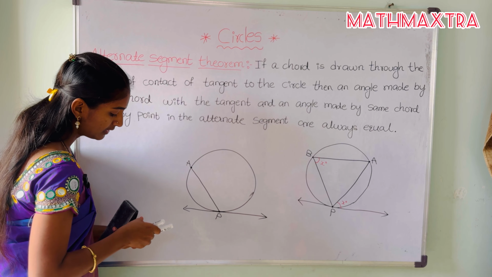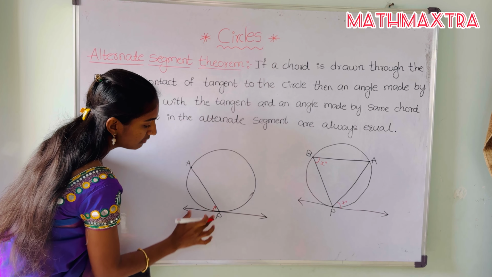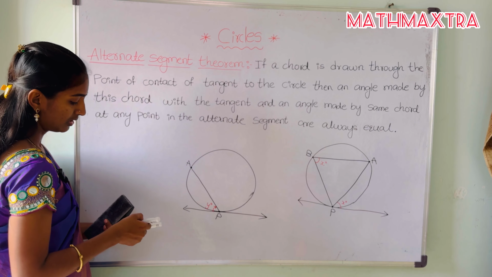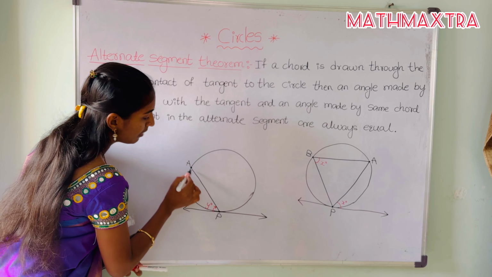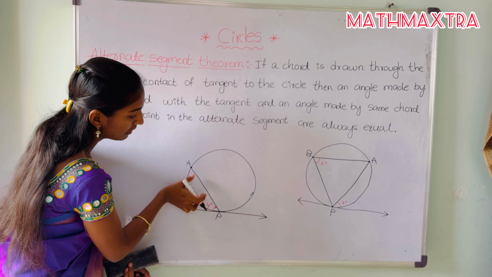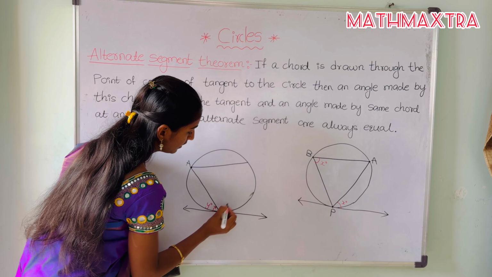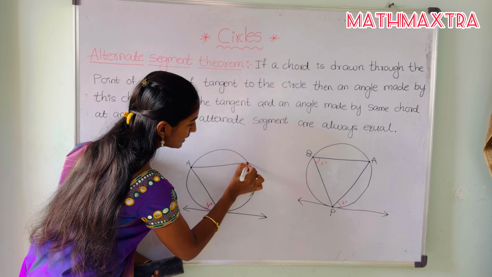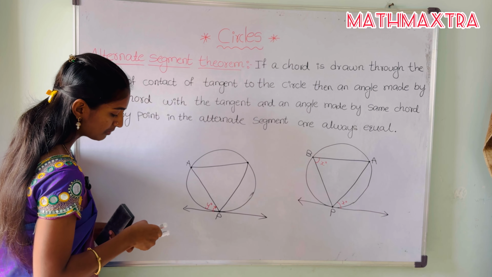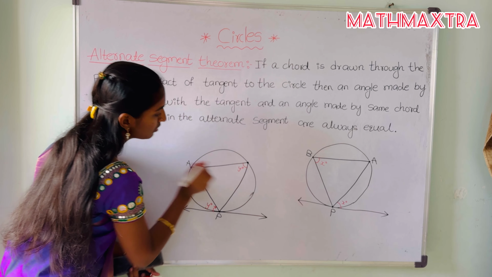This is the angle made by this chord with this tangent, suppose this angle is y degrees. This is one segment, this is another segment, and the same chord makes an angle in another segment. If you join the end points of this chord in another segment of the circle, an angle forms, and this angle is equal to y degrees only.